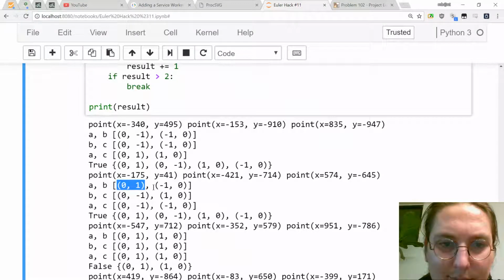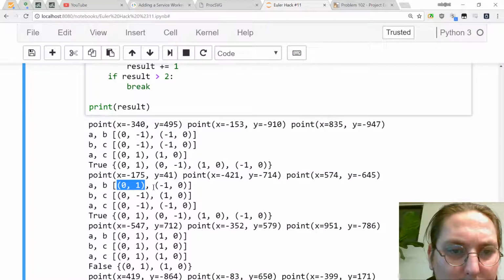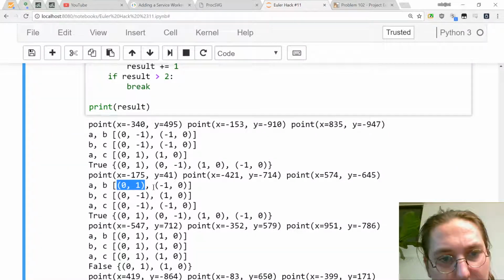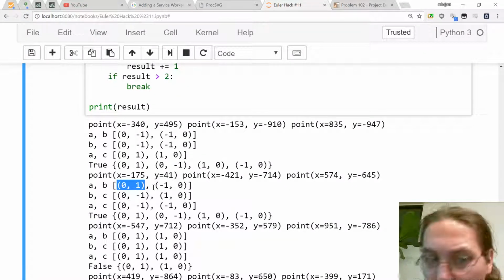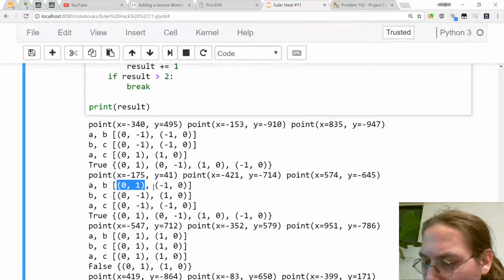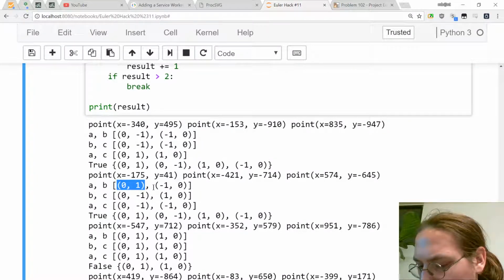Shouldn't be this. So A is at minus 175. B is at minus twice that plus something.